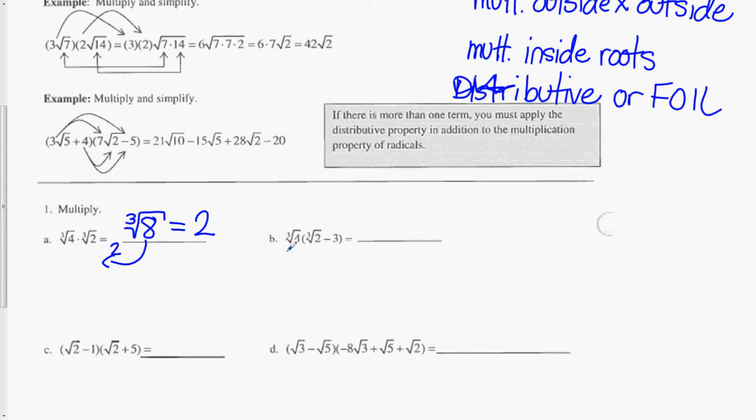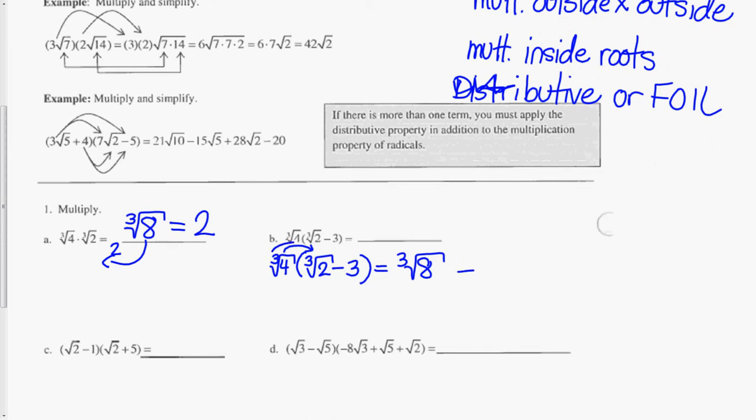If you look at this next one, that is a 4. That is cube root of 4 on the outside times a cube root of 2 minus a 3. So on this one, I'm going to distribute because it's not just a one term times a one term. Cube root of 4 times cube root of 2 would give me cube root of 8, because 4 times 2 is 8. Now, the 3 doesn't have a root with it, so that counts as an outside 3.